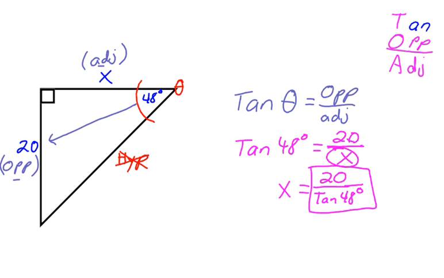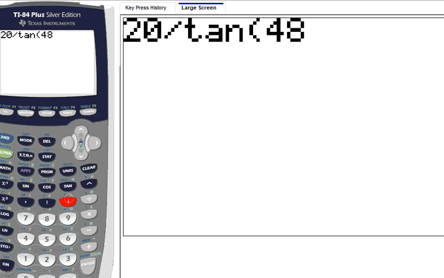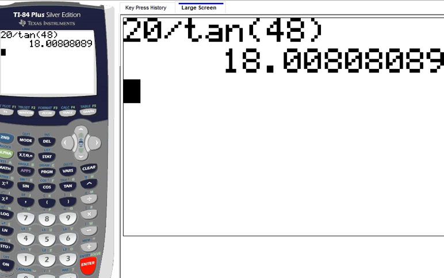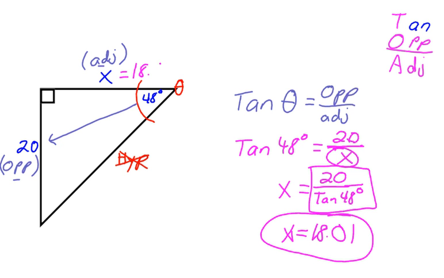So I'm going to do 20 divided by tangent 48, close the parentheses, and I get 18.01 as my adjacent side. And that's it. I am done with this problem.